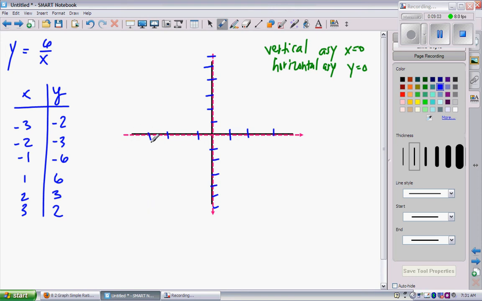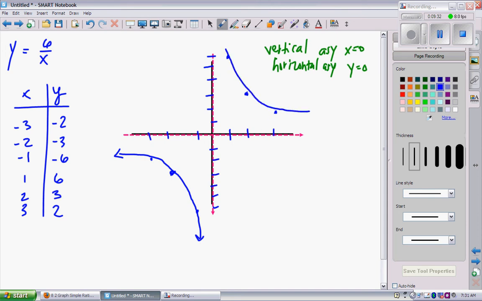Then -2, -3, and -1, -6. There we go. Your graph is going to look something like this on this side. Remember, it's the same on both sides, so it should look similar. Then 1, 6; 2, 3; and 3, 2.